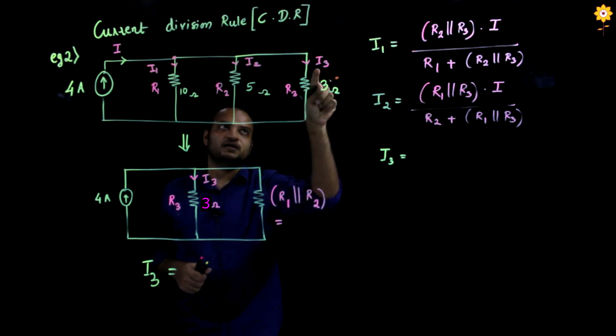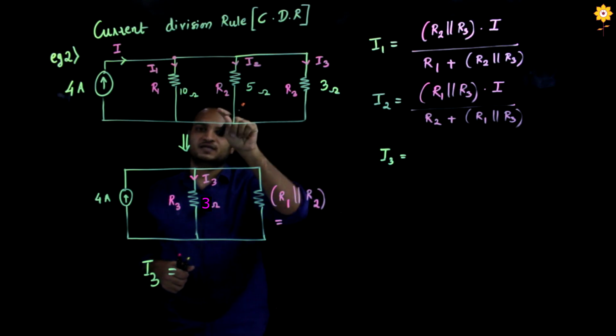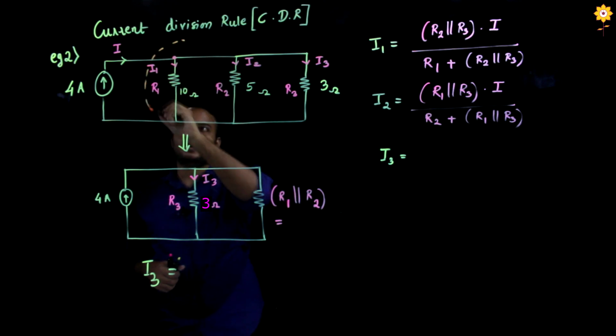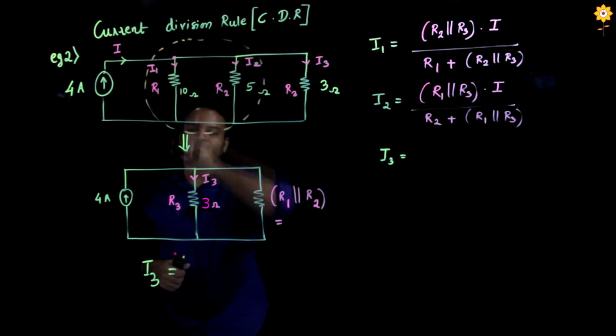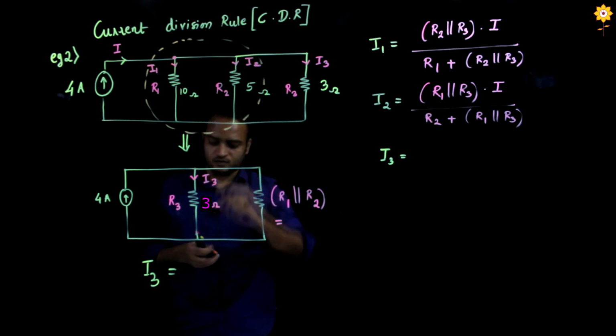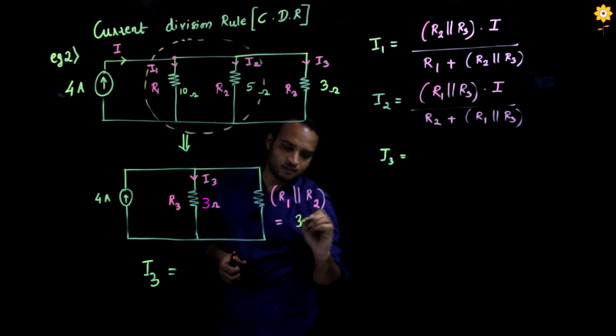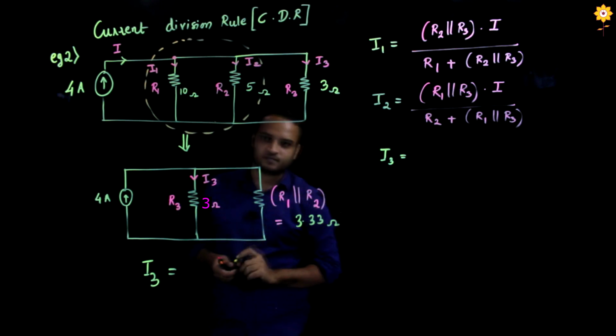Now the last current, that is I3. In this case, I3 is the current flowing through R3. So what are the opposite resistances? R1 and R2. In this case, R1 and R2 will go in parallel to combine into one resistance. That is 10 ohms and 5 ohms in parallel, so that answer will be roughly around 3.33 ohms.